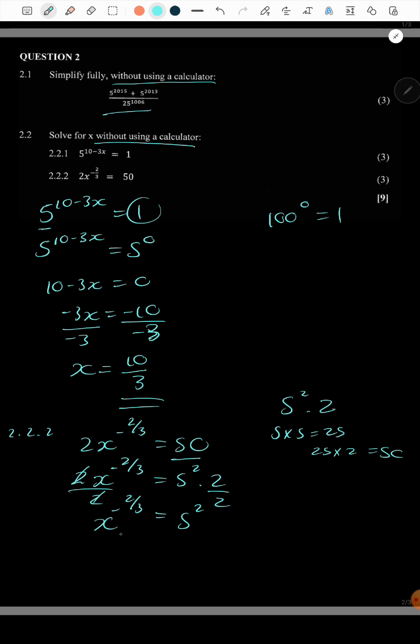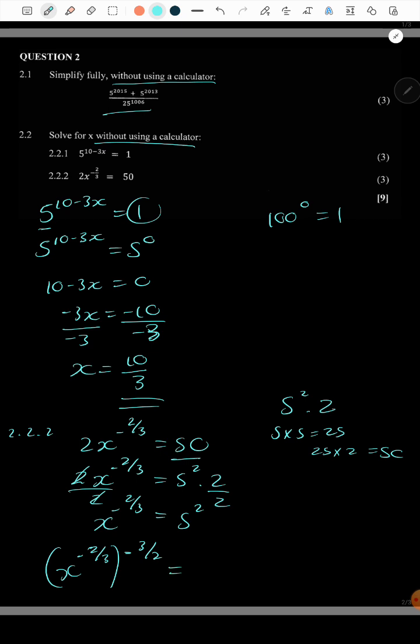Remember, how can we get rid of that exponent? We can get rid of that exponent by raising x to the power negative 2 over 3 to the reciprocal of the exponent. If we raise it to the reciprocal of the exponent, it's going to be negative 3 over 2, which is equal to, remember, we do this to both sides.